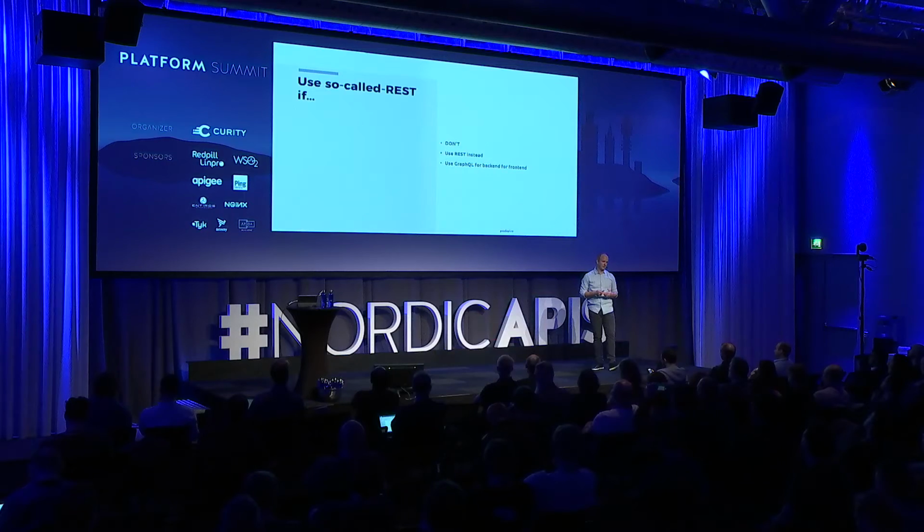If we skip it, we'll get a system which has some good properties, but it definitely doesn't have modifiability. It's hard to evolve such a system. I would say, do not use so-called REST. Either use REST, or if you have some special use case, think about GraphQL.